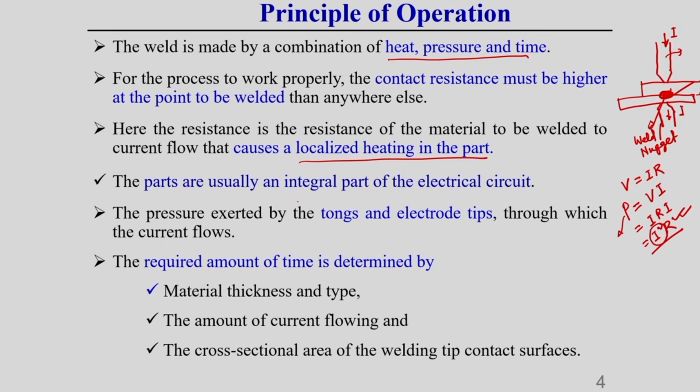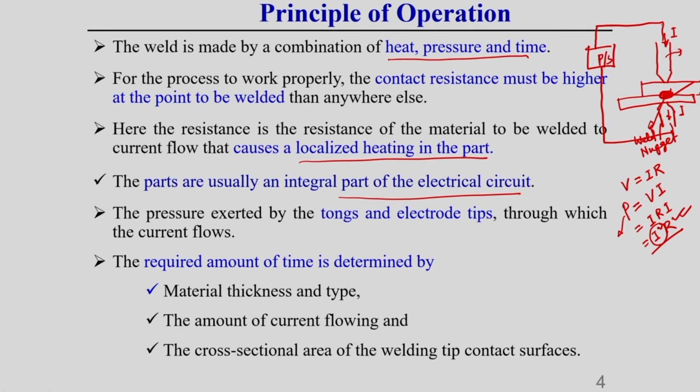Another thing, the parts are usually an integrated part of the electrical circuit. Let this electrode be connected to a power source, and similarly this electrode is also connected to this power source.